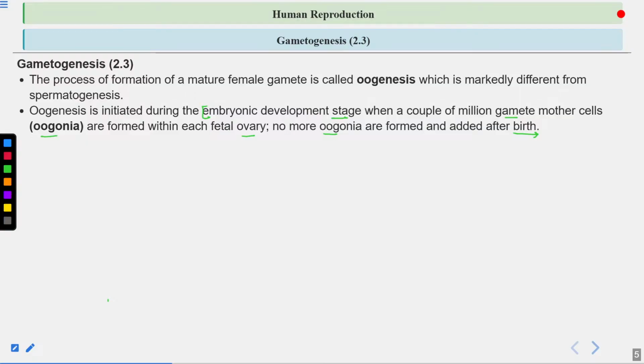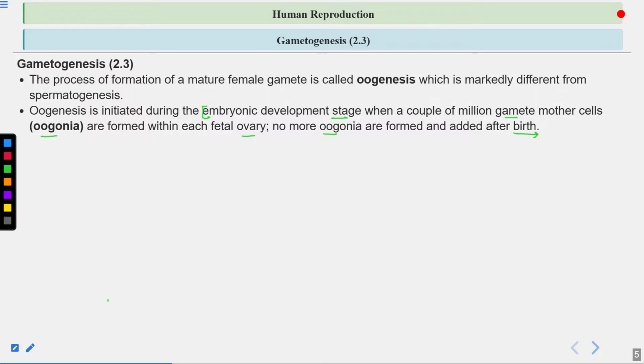The oogonia are formed in the fetal ovary, and millions of them are formed. No more oogonia are formed and added after birth. So all the oogonia are formed before birth.